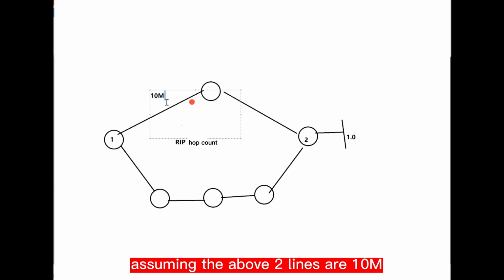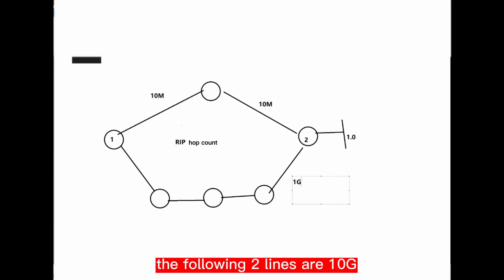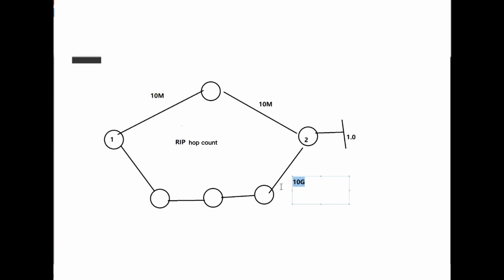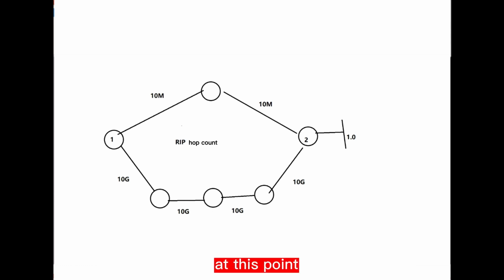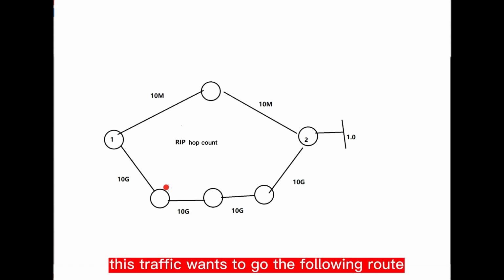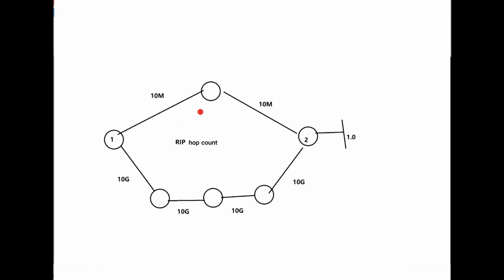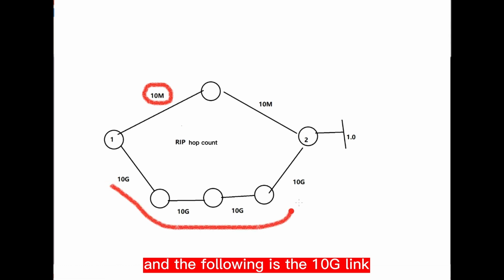Assuming the above 2 lines are 10M and the following 2 lines are 10G, this can show the disadvantage of the RIP protocol. You will definitely think this traffic should go the lower route. Although the upper line passes through fewer devices, it's only 10 megabytes, and the lower one is a 10G link.